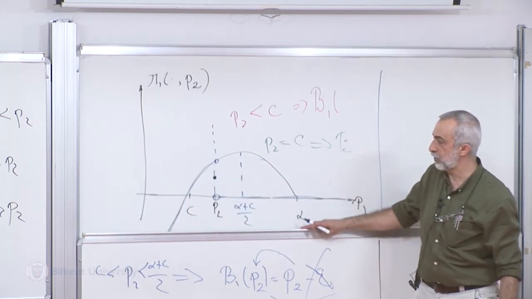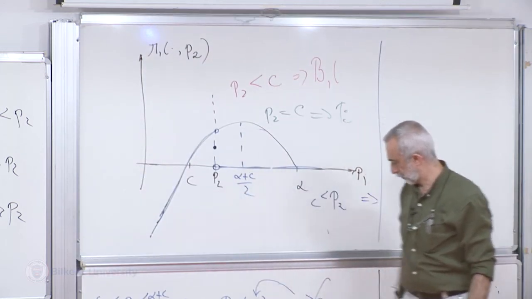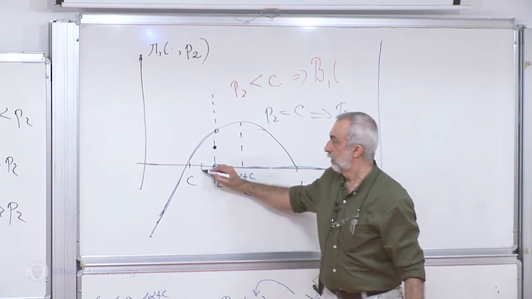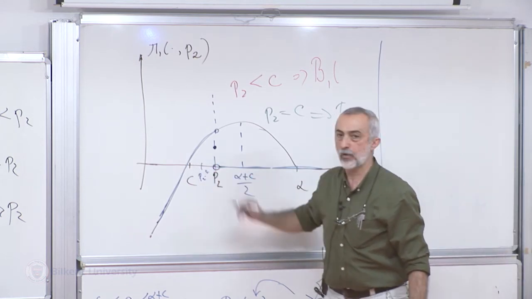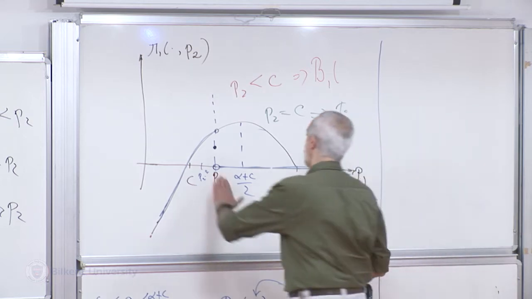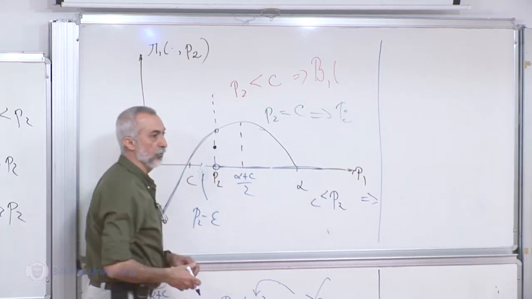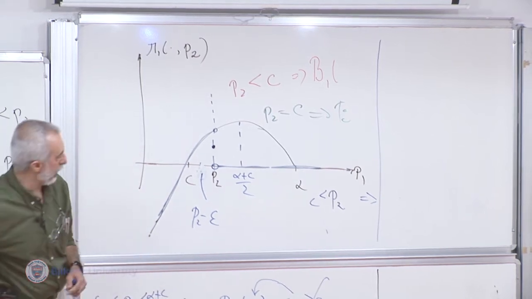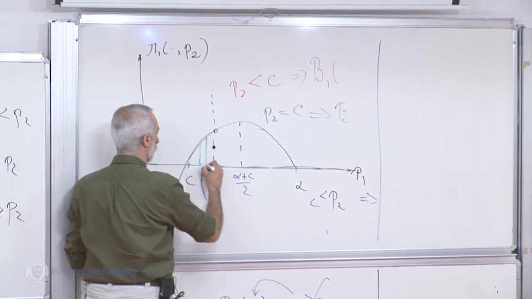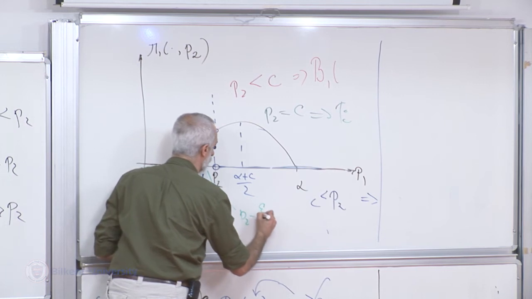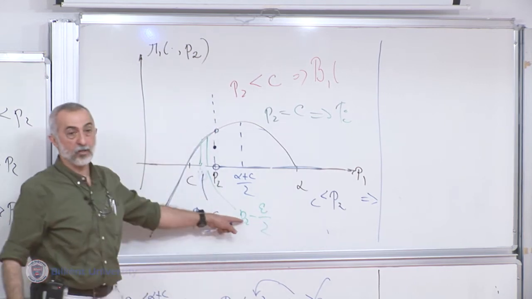And actually, your friend said, let's say that we really had a number called epsilon, so we had P2 minus epsilon. Well, your friend says the value of the function at P2 minus epsilon over 2 is even larger.